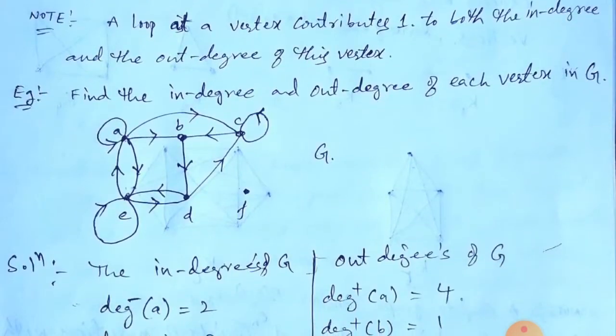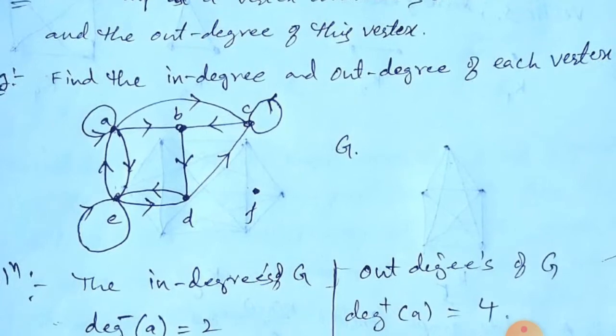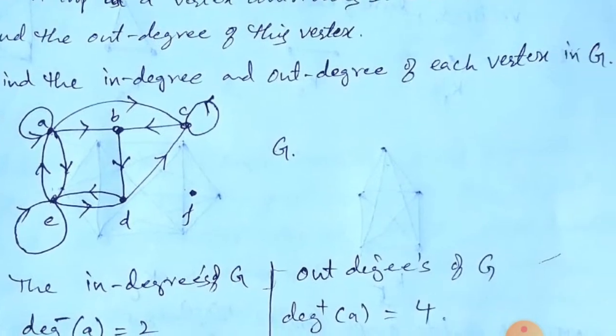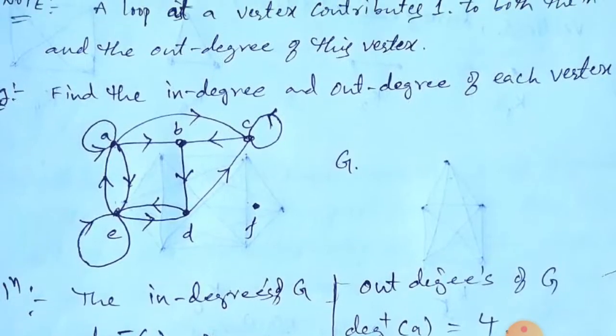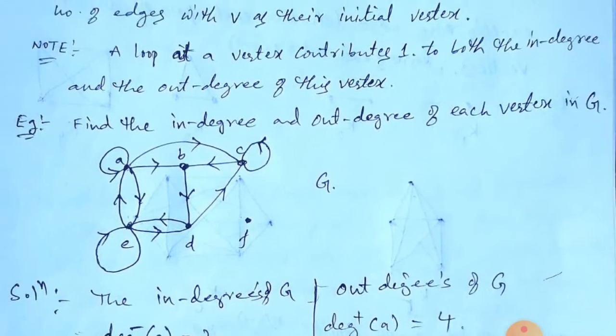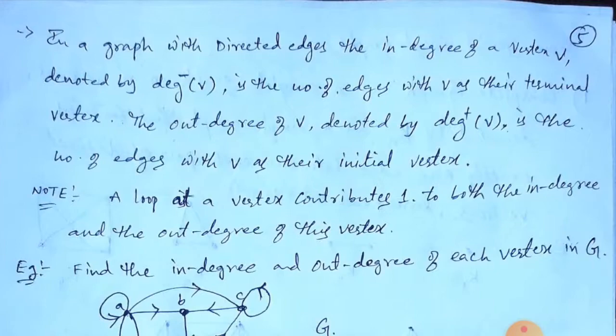For directed graphs we'll calculate the in degree and out degree of each vertex. In an undirected graph we calculate only the degree of a vertex, but in a directed graph the in degree and out degree are different. So observe what in degree and out degree are.